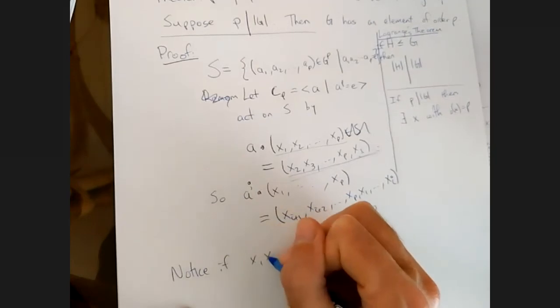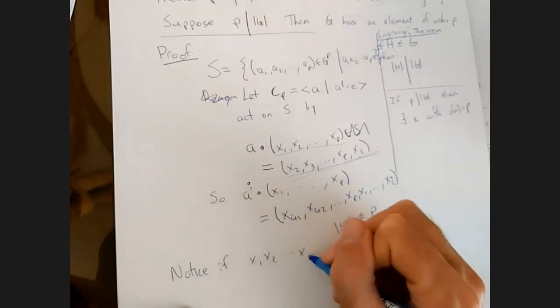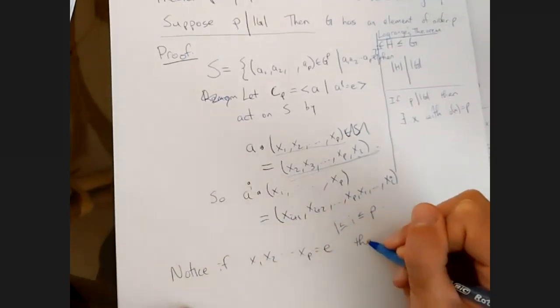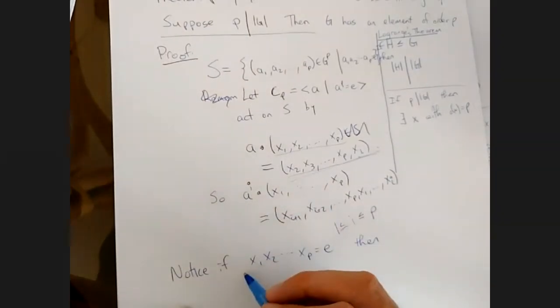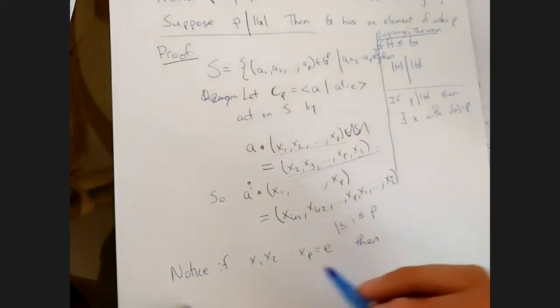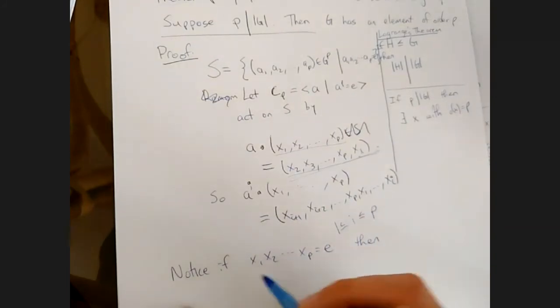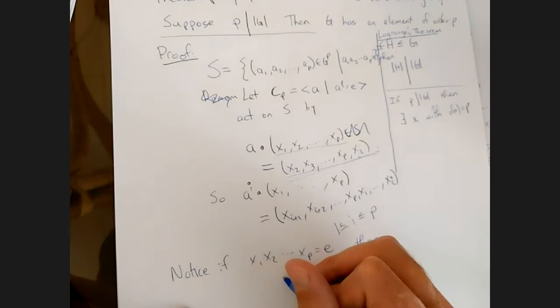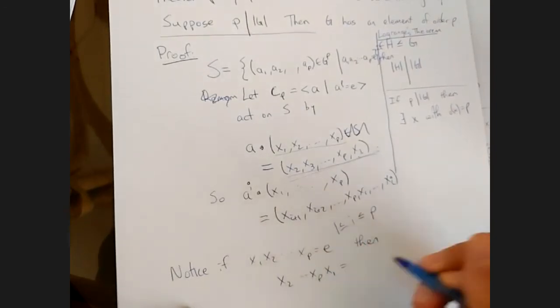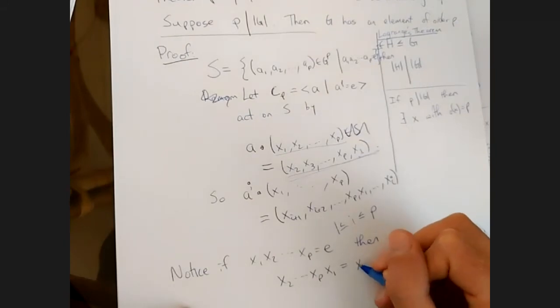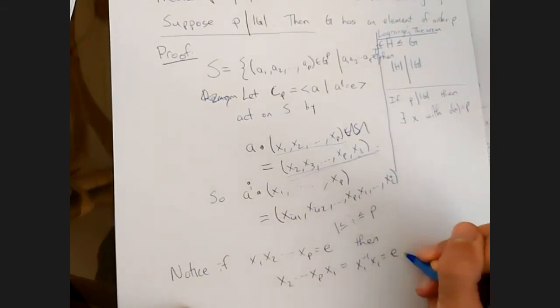Notice if x1 times x2 times up to xp is the identity, then multiplying on the left by x1 inverse and on the right by x1, you get x2 times up to xp times x1 equals x1 inverse x1, which is the identity.